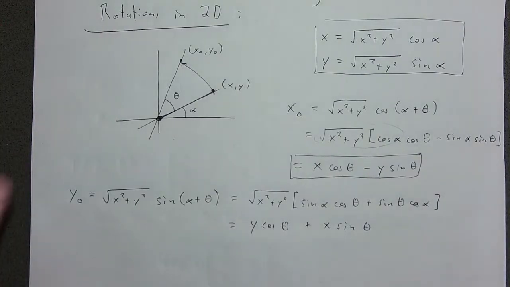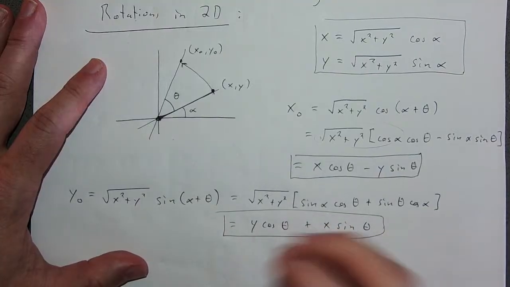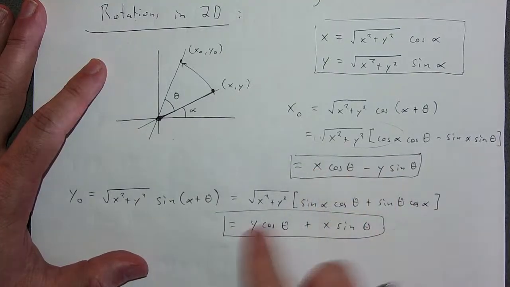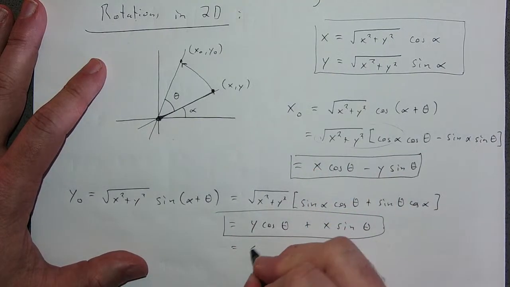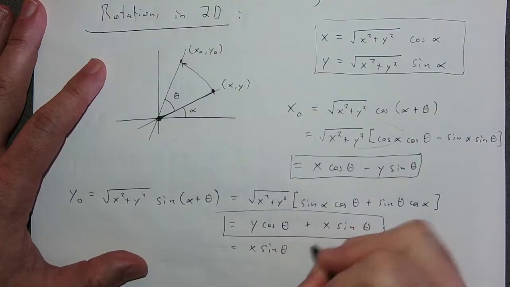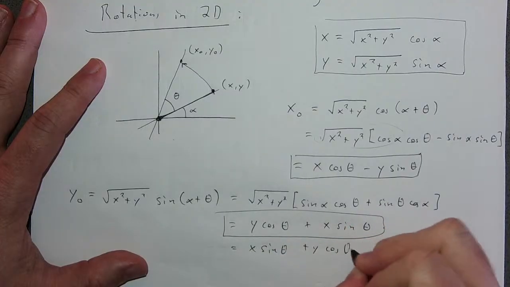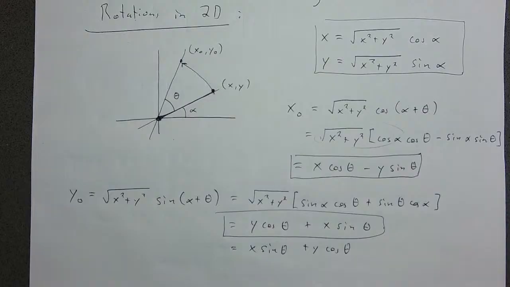Just to keep the convention the same, so that the x is coming first, we might rewrite this as x sine theta plus y cosine theta, doing nothing but reorganizing this because of this matrix we're about to put this in.